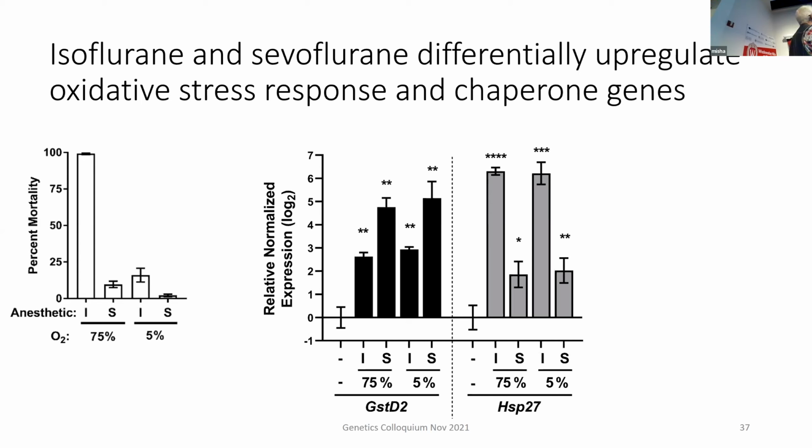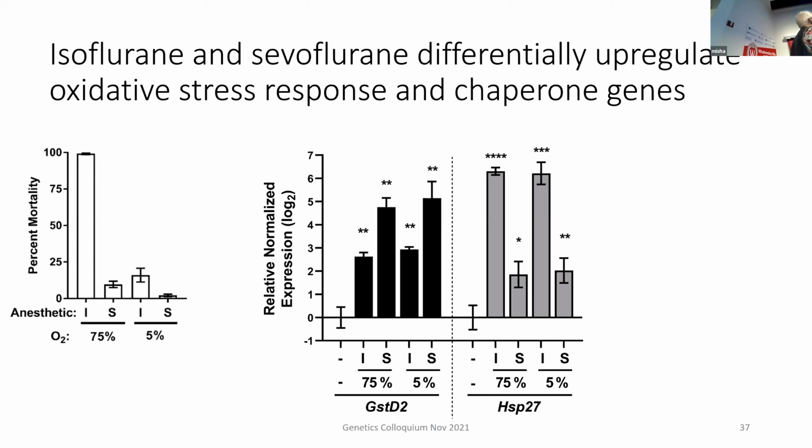And what you can see is that under the conditions of both hyperoxia and hypoxia, and this is one of the things that we don't understand, why we don't see a signal from oxygen. The phenotype from oxygen is obvious, oxygen kills. But on the gene expression level, what we see is the effect of both anesthetics. Now they're quantitatively different.